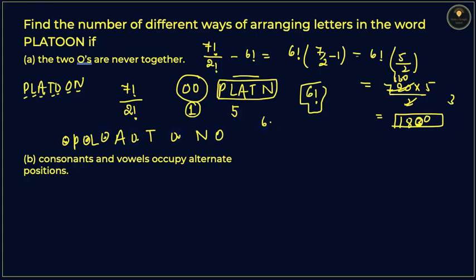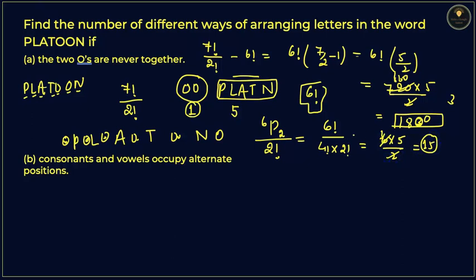Out of 6 places, we have to choose 2 places, and since both O's are identical, we divide by 2 factorial. So we get 6 factorial by 4 factorial into 2 factorial, which is 6 multiplied by 5 divided by 2, and you get 15.